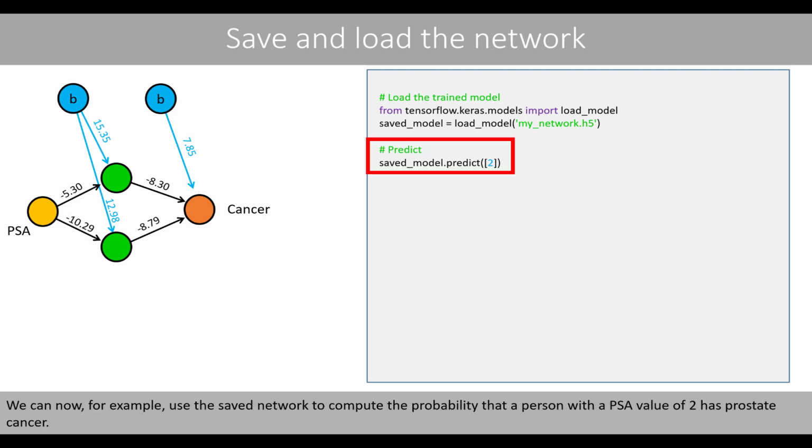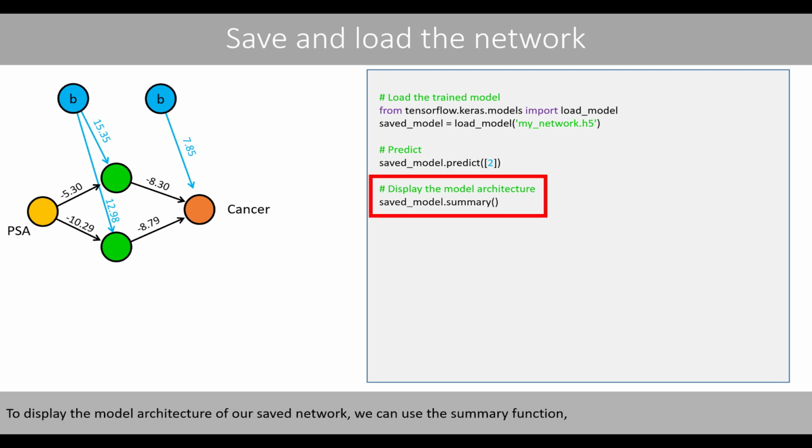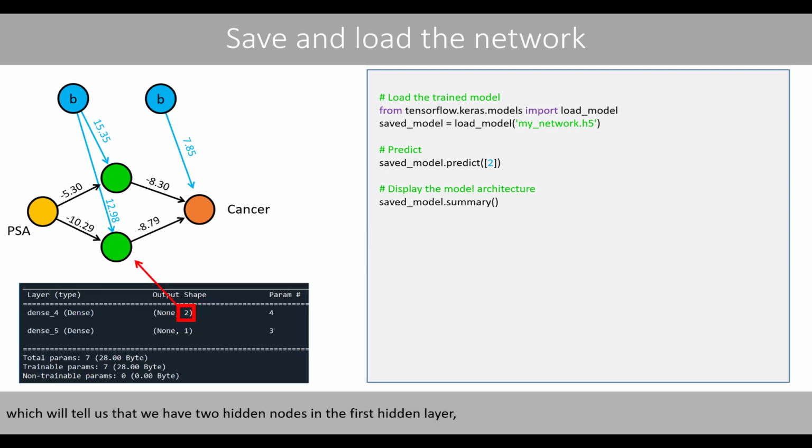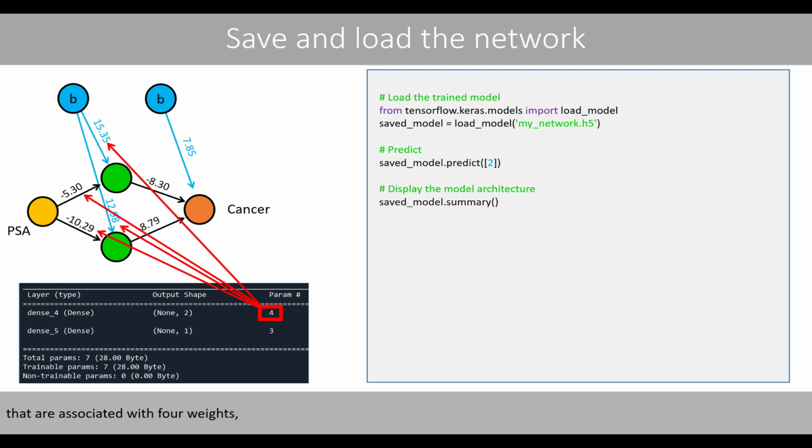We can now, for example, use the saved network to compute the probability that a person with a PSA value of 2 has prostate cancer. To display the model architecture of our saved network, we can use the summary function, which will tell us that we have 2 hidden nodes in the first hidden layer that are associated with 4 weights, and that we have 1 output node associated with 3 weights.